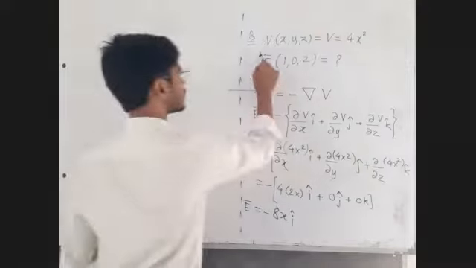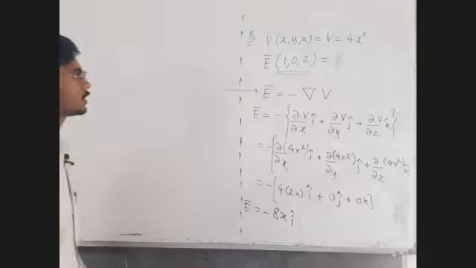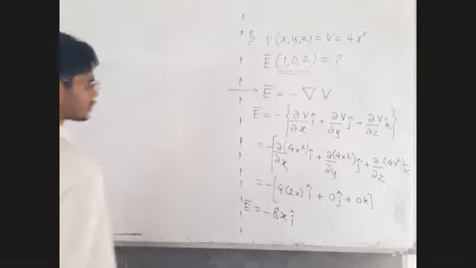Now we want the electric field at a particular point 1 comma 0 comma 2.